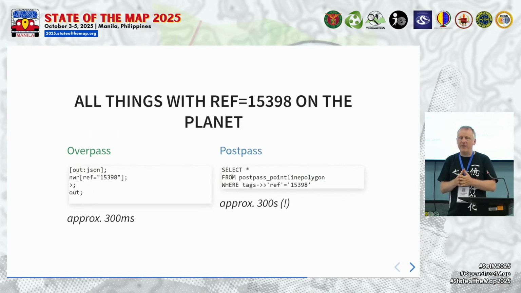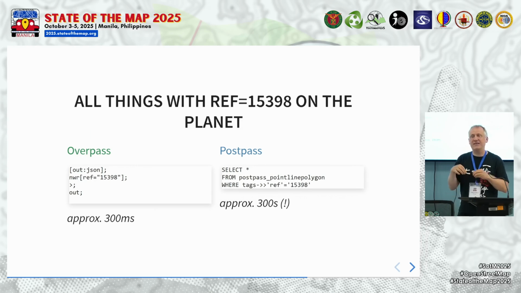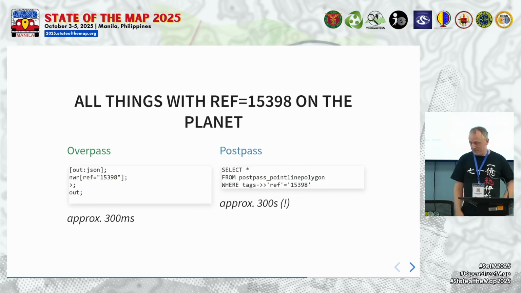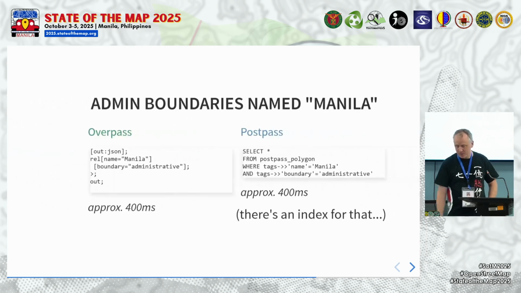It has an index on the tags column, but that index will only help it find things that have a certain tag and not find things where the certain tag has a certain content. So the index will be helpful in finding all things worldwide that have a ref tag, but then it will still have to look at all these individually in a table scan mode, trying to find out which one has the right ref. So Postpass is not well suited for that kind of query.